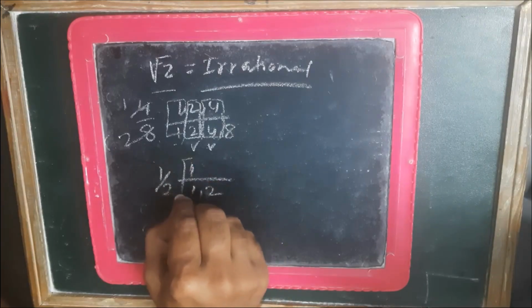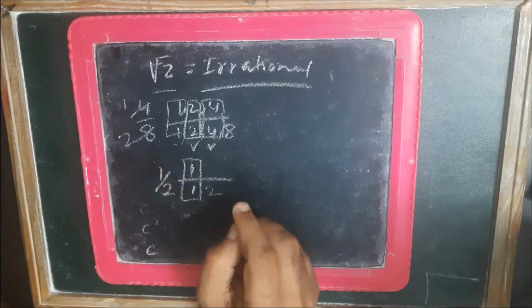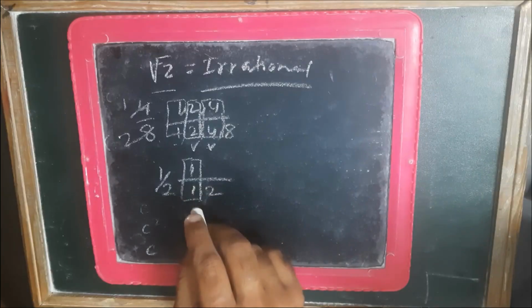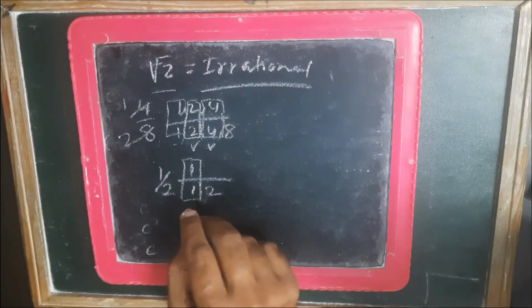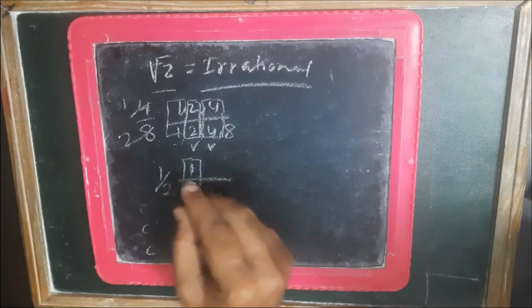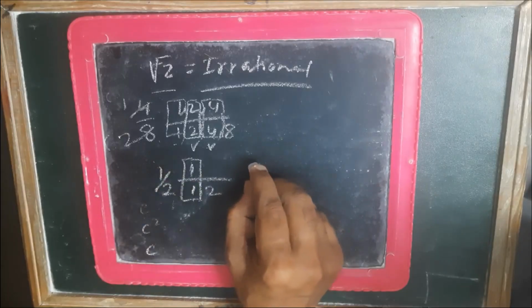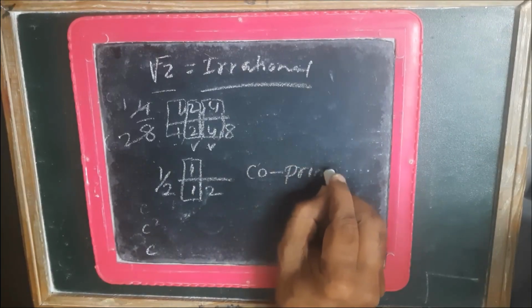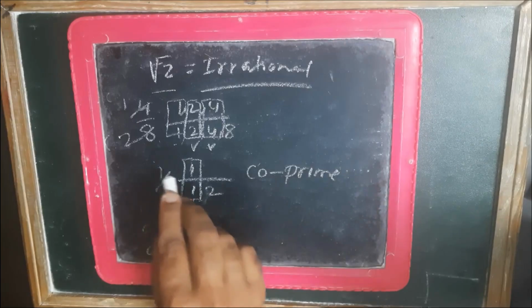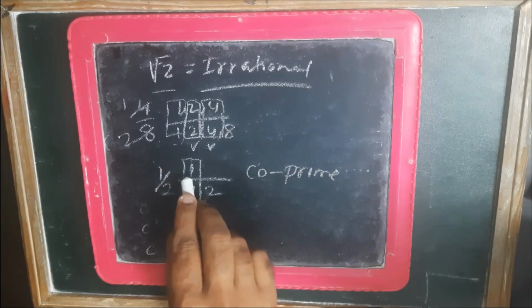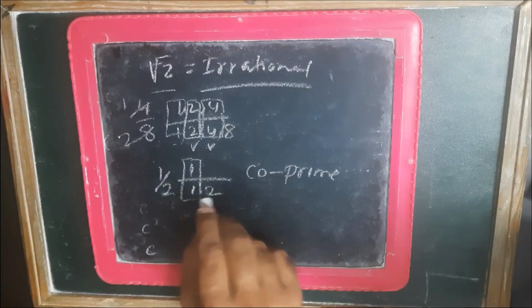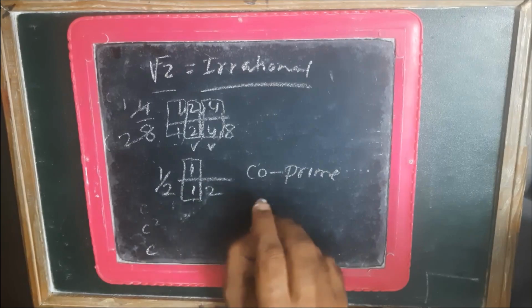So the common factor is 1, and when there are no common factors other than 1, then we can call 1 and 2 co-primes. We can see here 1 has the common factor of 1 and there are no other common factors. So this we can easily call a co-prime.